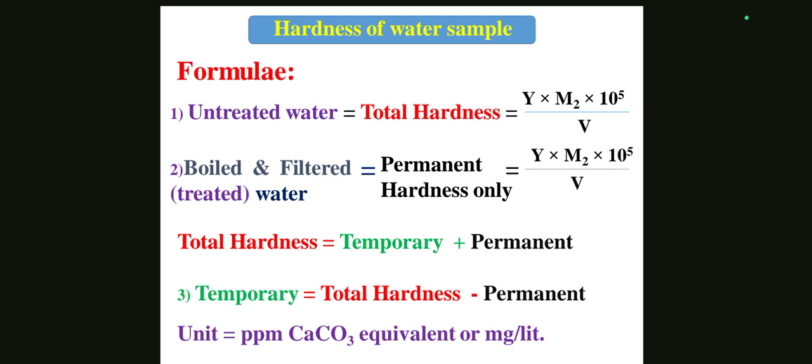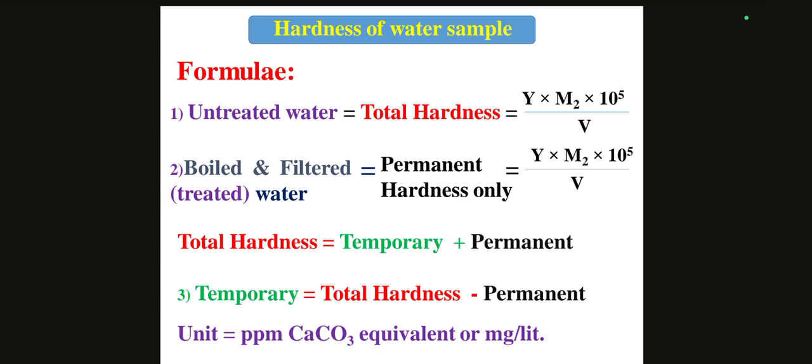So dear students, once you find total hardness and permanent hardness, it is very simple to find temporary hardness, because total, what is meant by total? Total is equal to temporary plus permanent. So for finding temporary, you have to subtract permanent hardness from total hardness. So you will get temporary hardness. And as far as the unit is concerned, you can write either ppm CaCO3 equivalent or mg per liter.